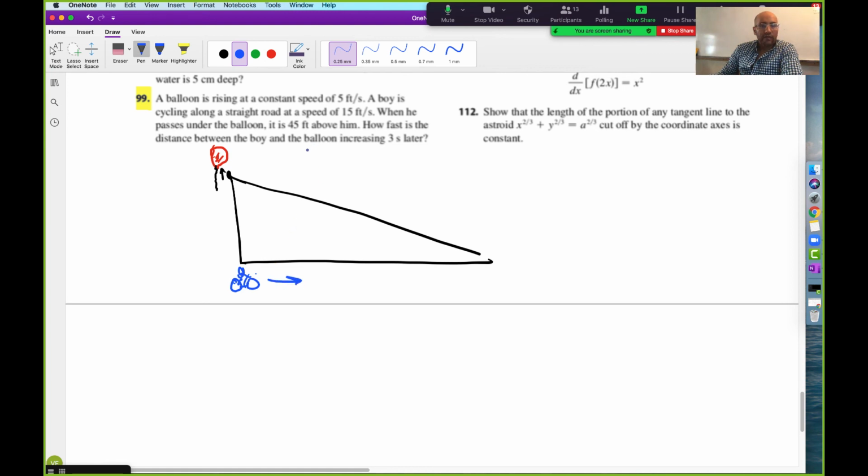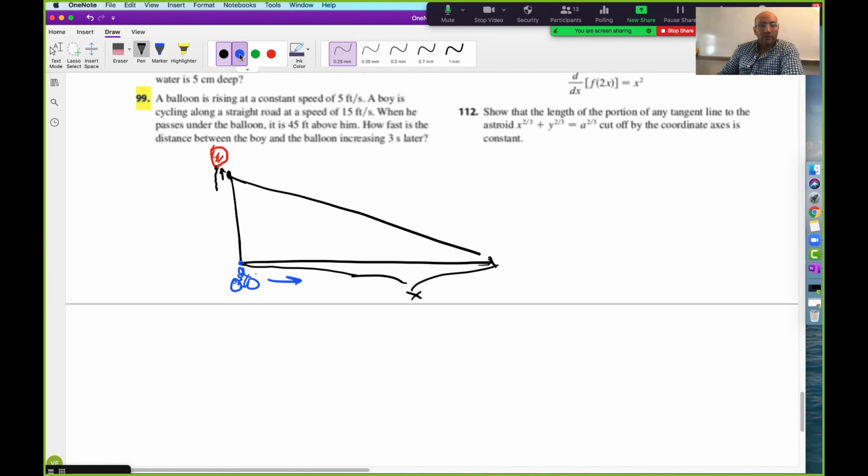And then they give you some data points, right? So we can consider this the 0 axis point. We can consider this distance here, as he's traveling along the x-axis, to be a distance of x.